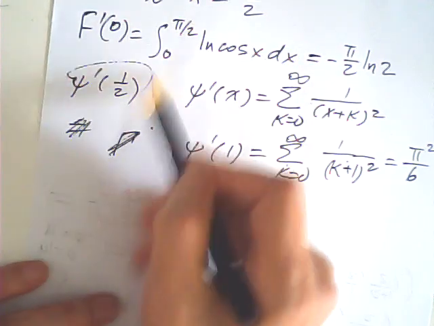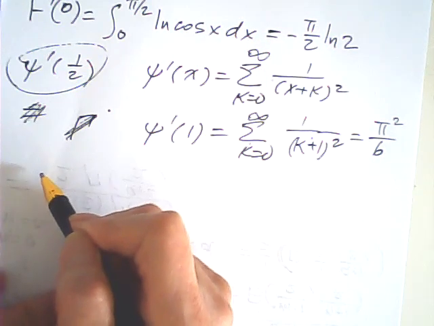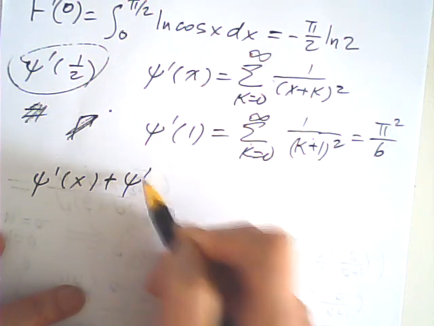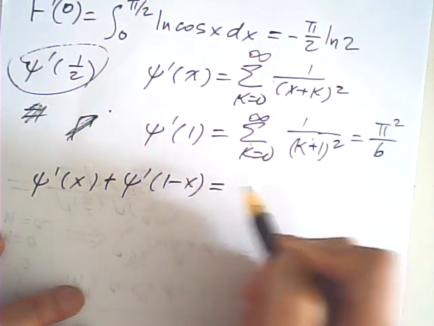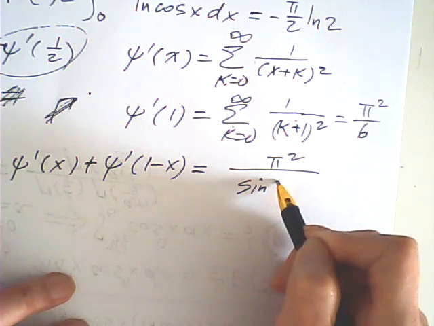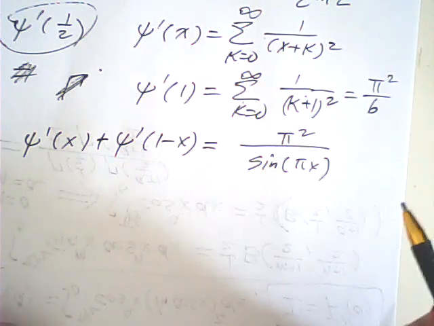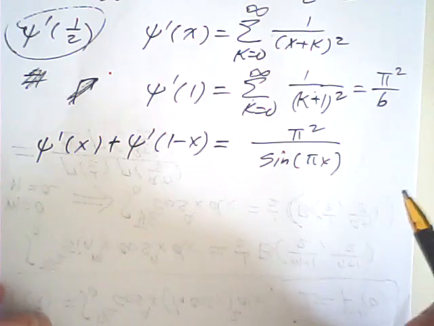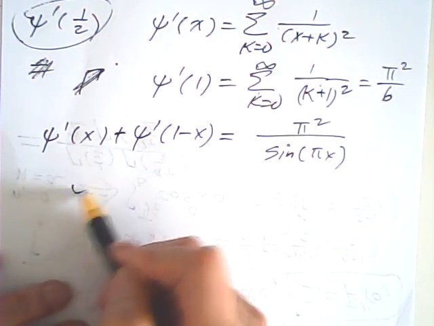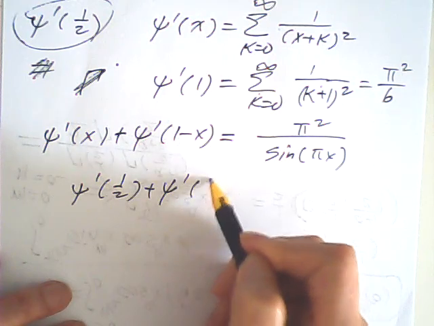Now, for this, we're using another formula, which is trigamma x plus trigamma of 1 minus x is equal to pi squared over sine pi x. Well, we have quite some formulas for those gamma and beta functions. So when x equals to half, this half plus this is also equal to half, right?